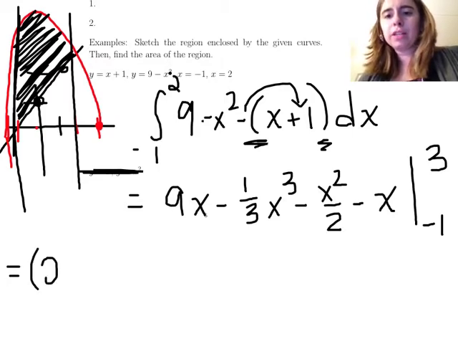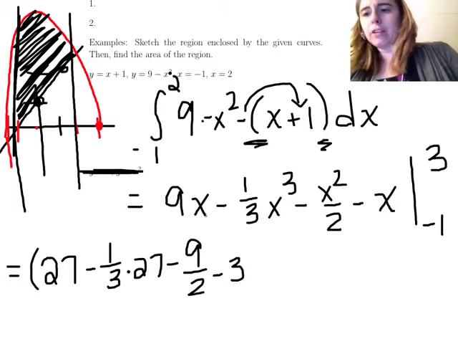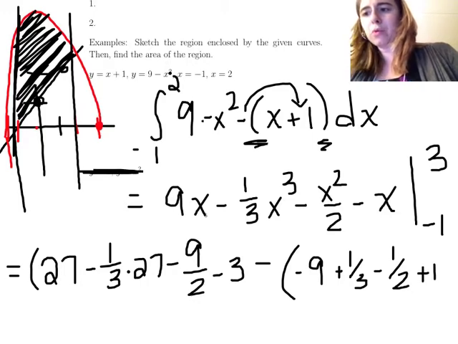So 27 minus 1/3 times 27, minus 9 over 2, minus 3, and then all of that minus, again, these parentheses are very important, -9, plus 1/3, minus 1/2, and then plus 1.